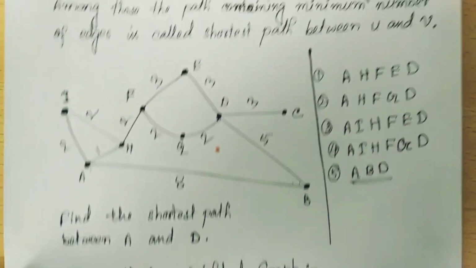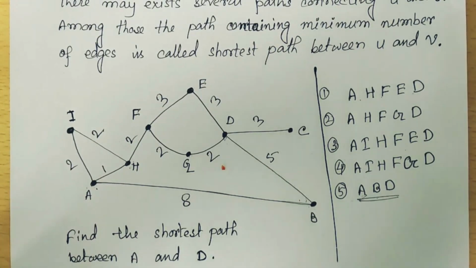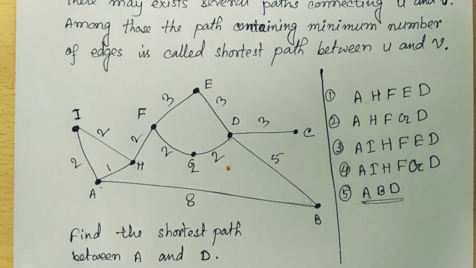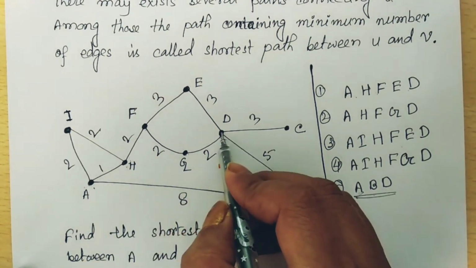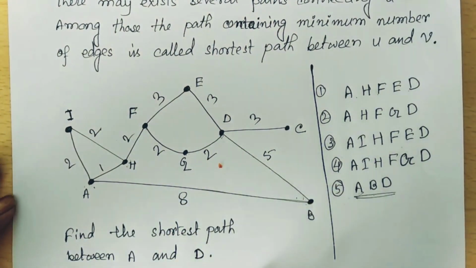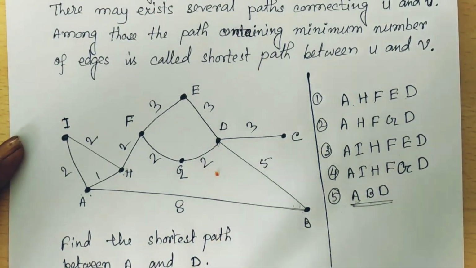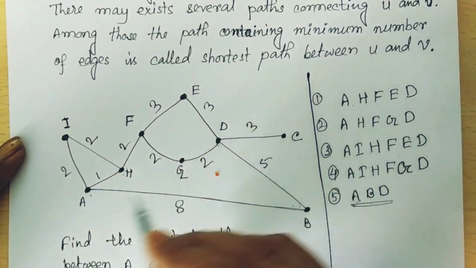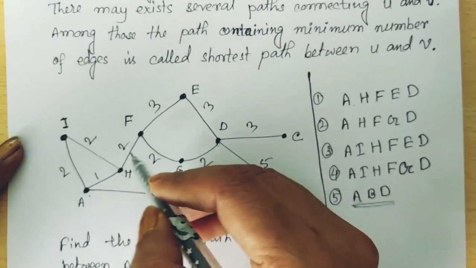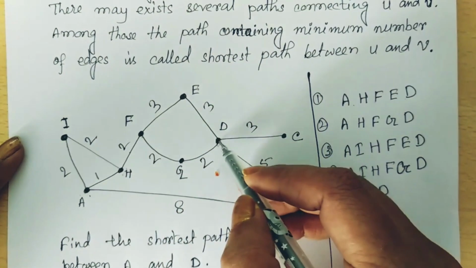So if for this graph we want to find the shortest path in between A to D, then we should find out what the shortest path is. Here definitely A to B, B to D may not be the shortest path, because if your graph is a weighted graph, then for all the selected paths we should add the corresponding weights of these edges.